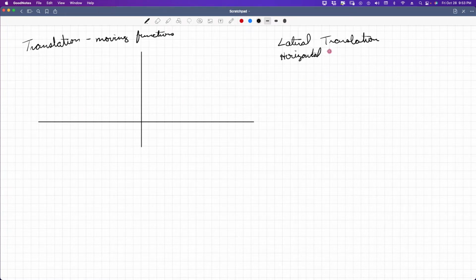So it could be either a lateral translation or a horizontal translation. Both of those are correct terminology, and I may use either one of them interchangeably. So just a heads up.